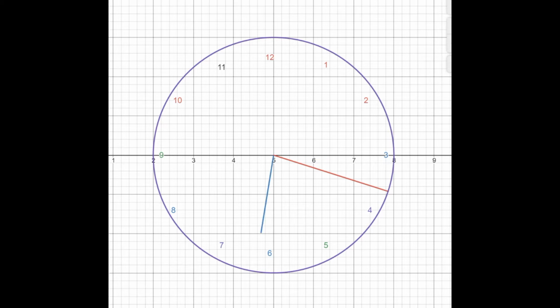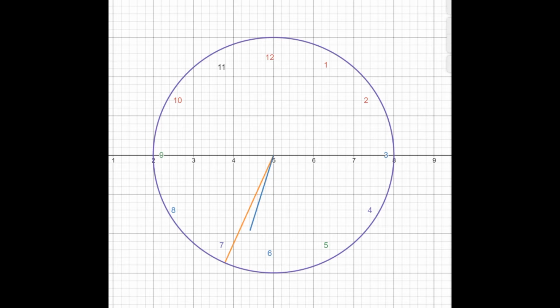Now, if I block the minute hand and just let the hour hand move, see the hour hand is moving much slower. So the combination of the two means the angle is closing.